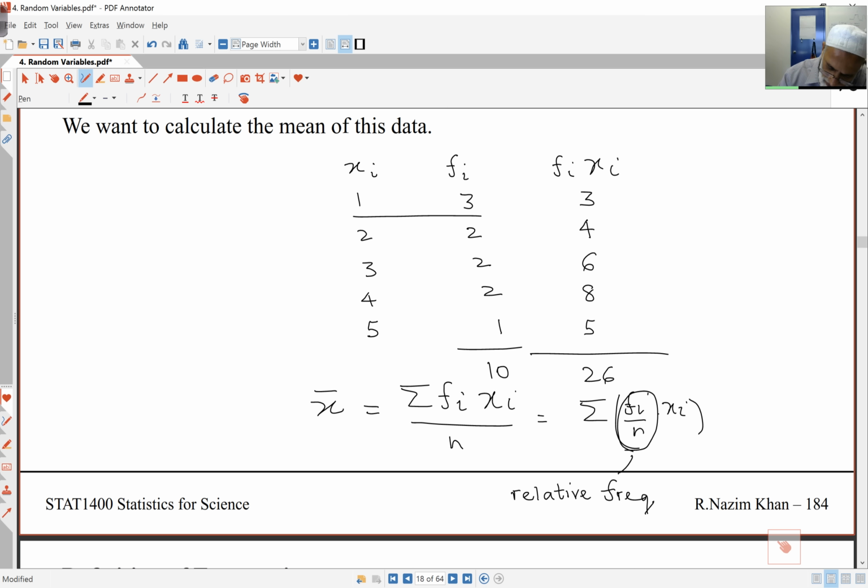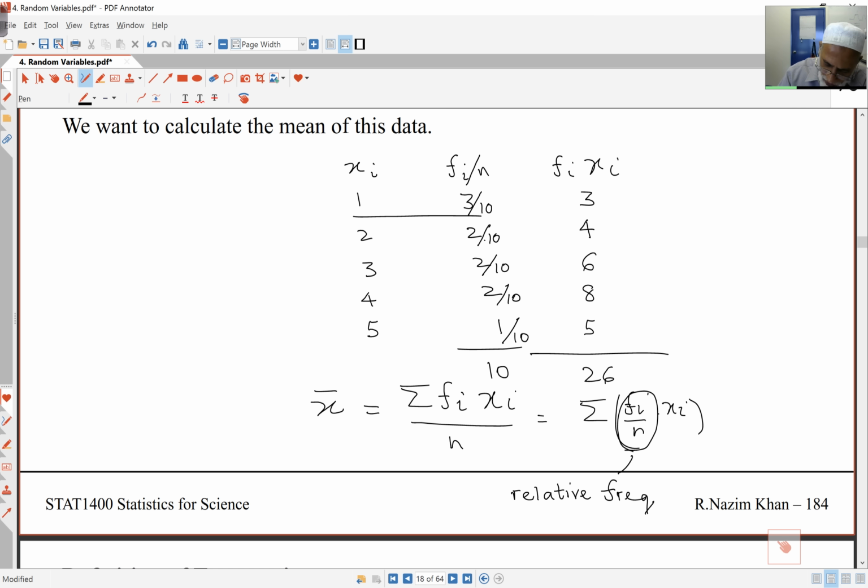So here the relative frequency is going to be fi over n, and here that's going to be, well, I'll just translate across here. If I use my fi over n over here, it's 3 over 10, 2 over 10, 2 over 10, 2 over 10, 1 over 10.